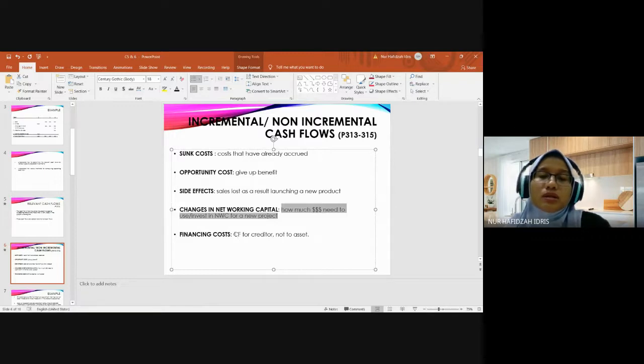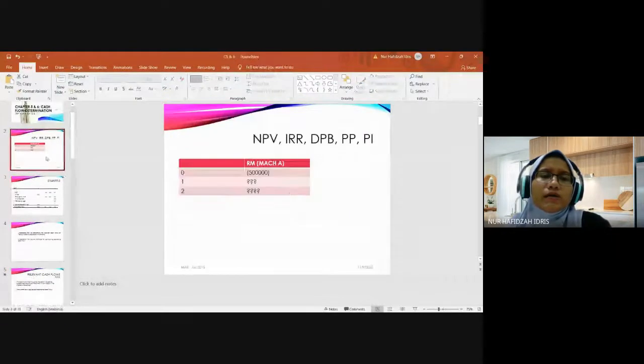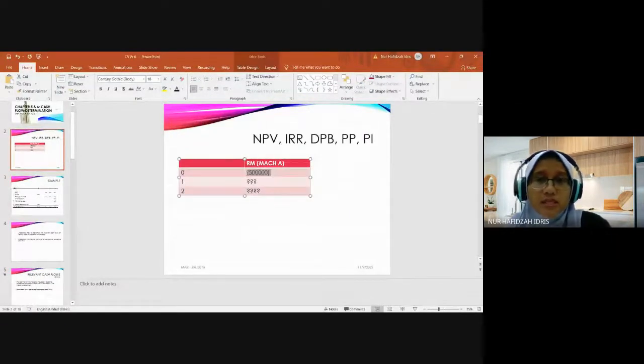This is not incremental cash flow because financing cost refers to the cash flow to the creditor, not to the asset. For example, if we put 500,000, this 500,000 is incremental cash flow. But in order to get this 500,000, your company needs to borrow from a bank, CIMB for example, with interest of 4%.